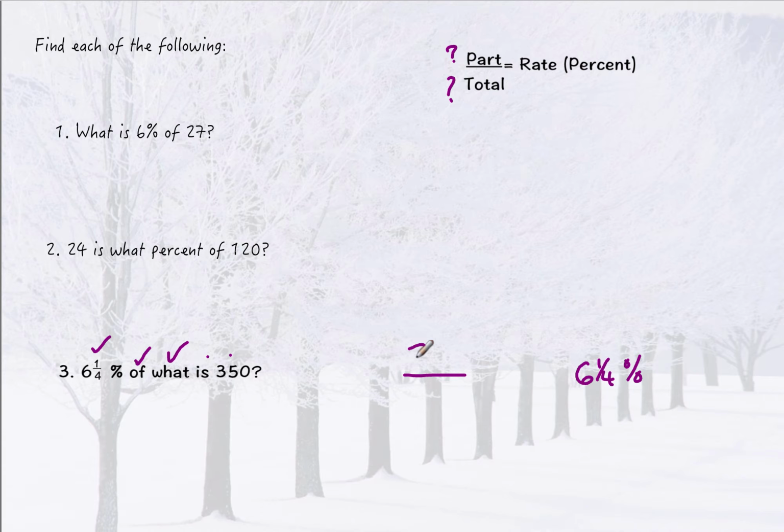Actually, 350 is the part, and I don't know what the total is. So 350 over X equals, remember to change this, so if I took this decimal and moved it twice, it would be 0.625. I can cross multiply.